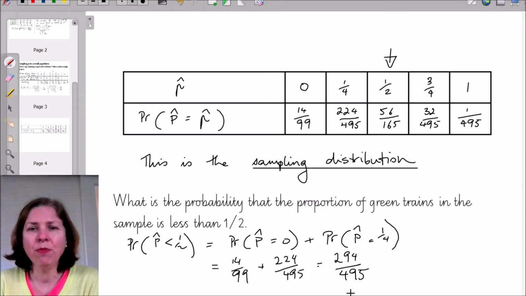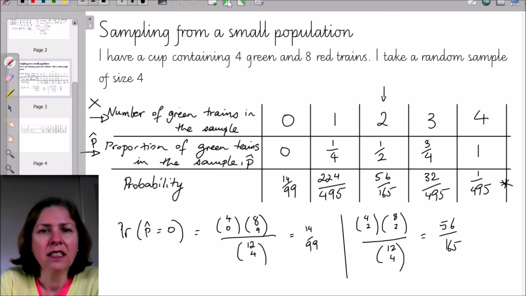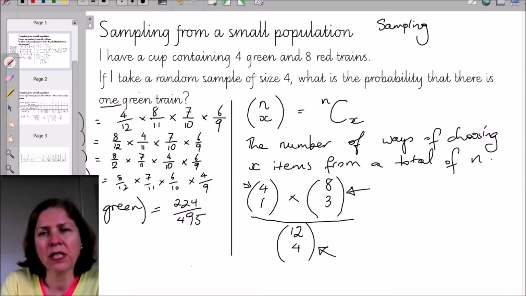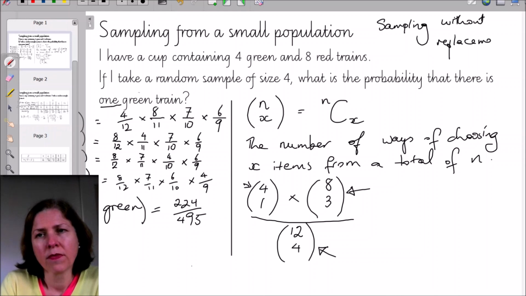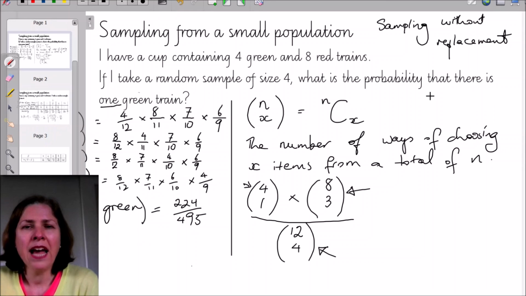I want to point out that sampling from a small population is what makes this specific. The reason we need this technique is because of what happens here. I've got sampling without replacement. In a small population such as this, if I pull out a green train, that is going to significantly change the probability of either red or green for the next one that I pick out, because I'm not putting it back when I'm making a sample.